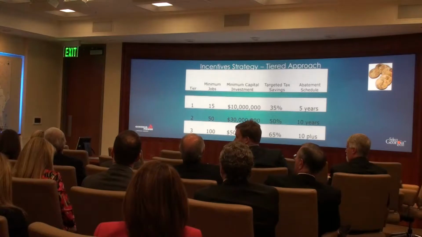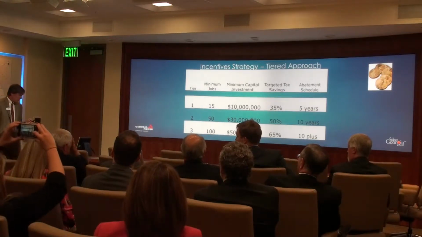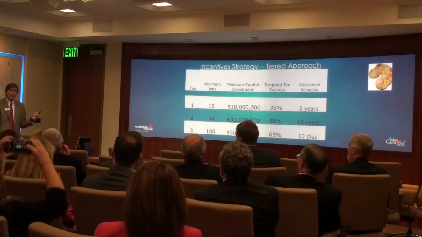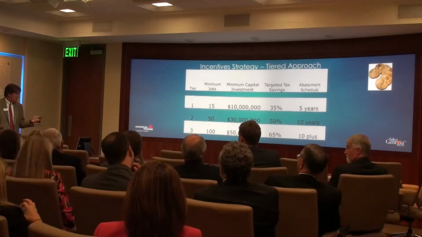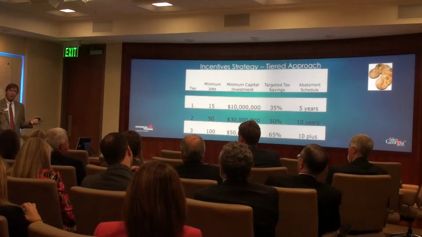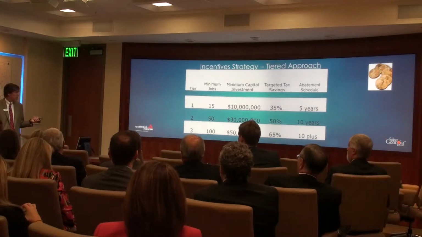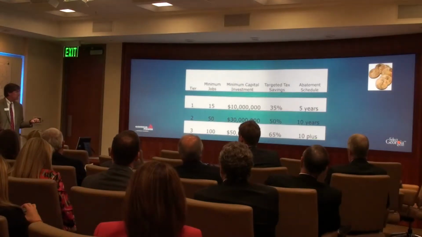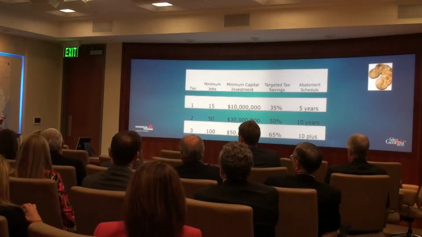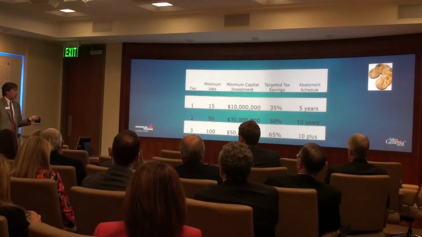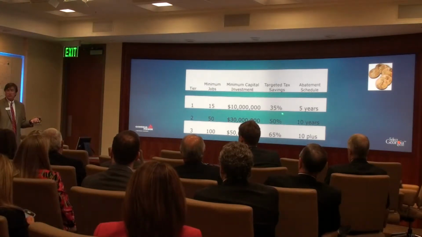All right, to Peggy's point, you can either tie this to your first tiered approach, or you can have something a little more comprehensive. With this example, if you had 15 full-time jobs paying the average manufacturing wage, you give them a 35% savings.